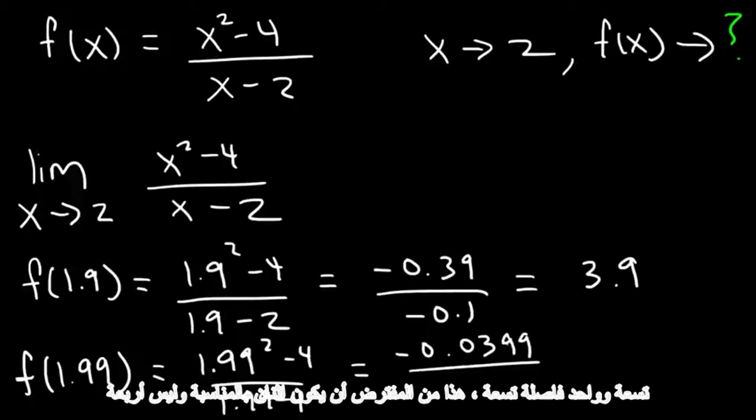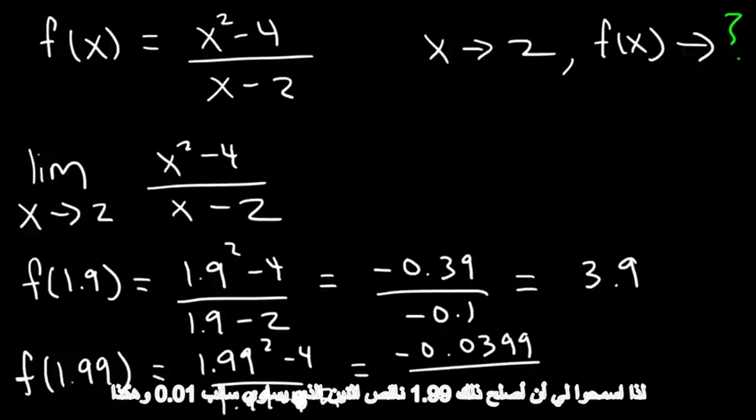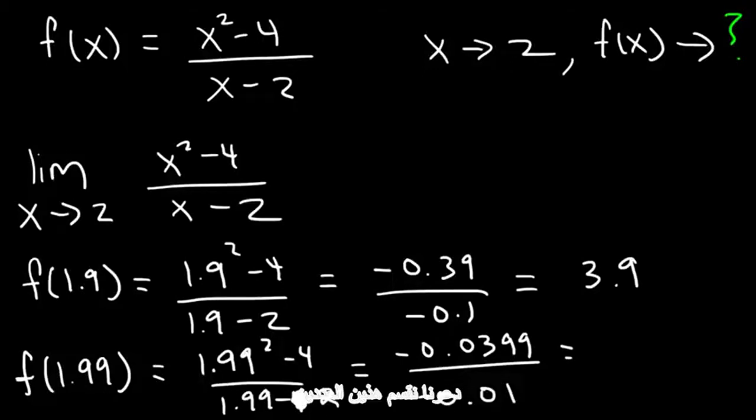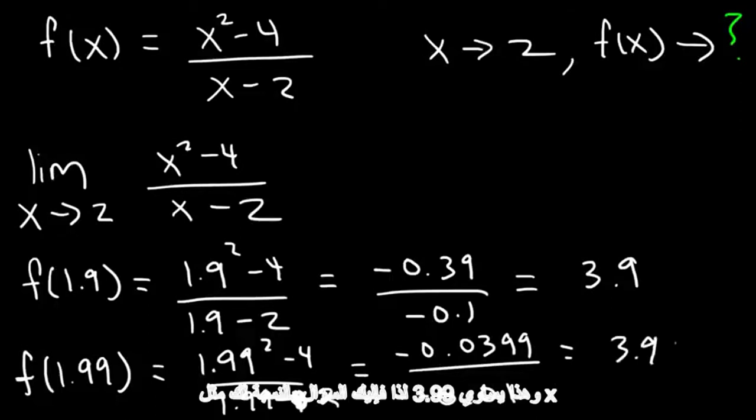And 1.99 minus 2, that's equal to negative 0.01. This is supposed to be a 2, by the way, not a 4, so let me just fix that. And so let's divide these two numbers. And this is equal to 3.99.